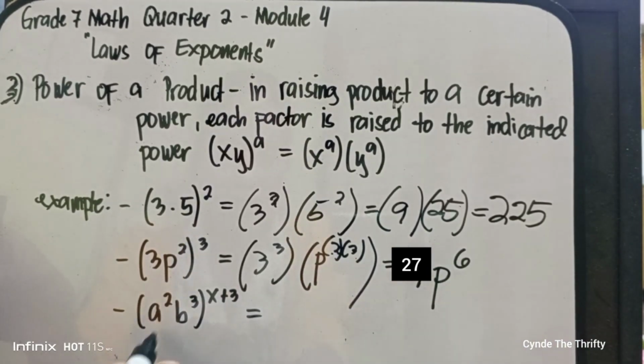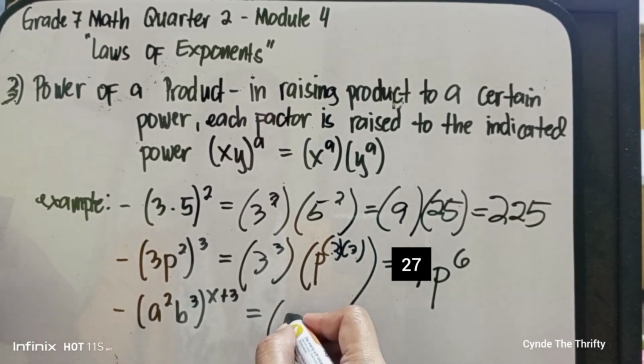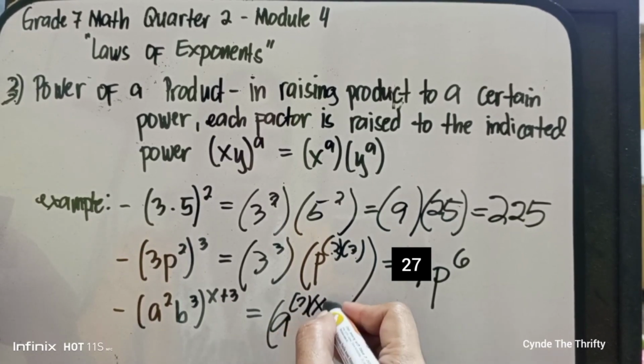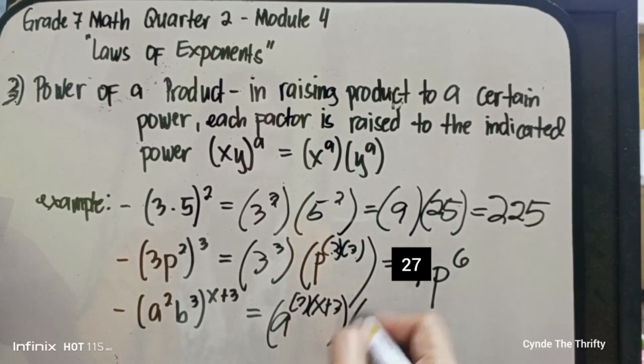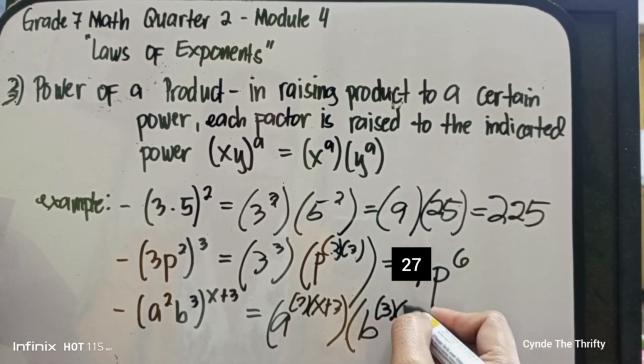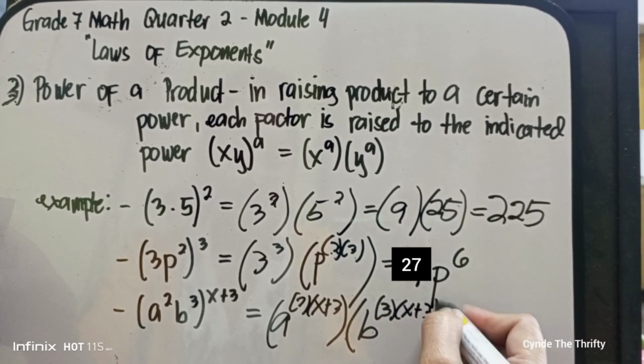Last example, a squared b cubed, raised to x plus 3. So, a squared multiplied by x plus 3, and then b cubed multiplied by x plus 3.